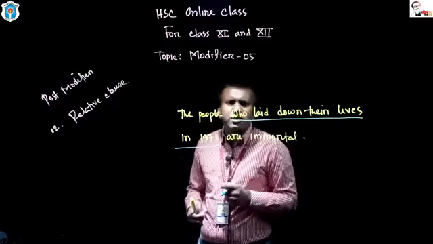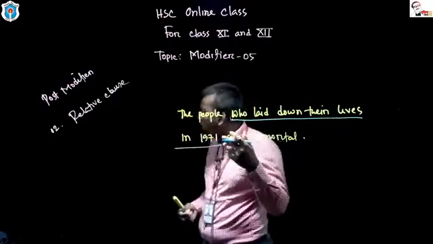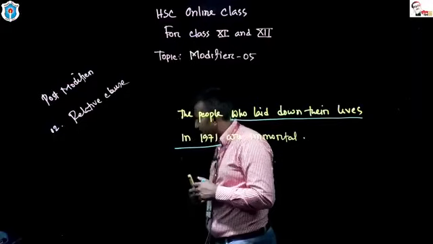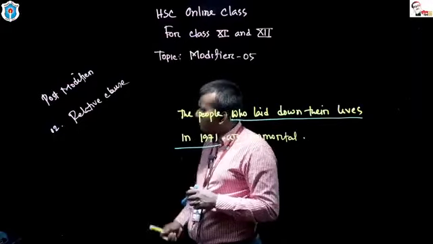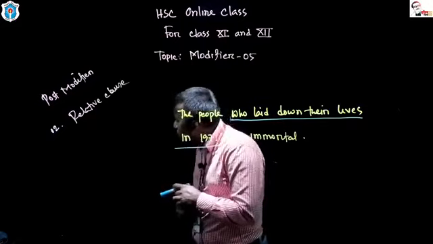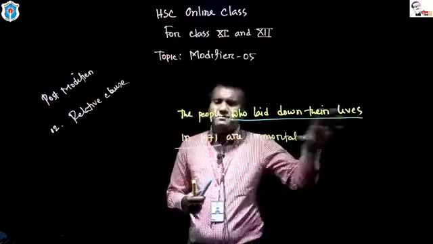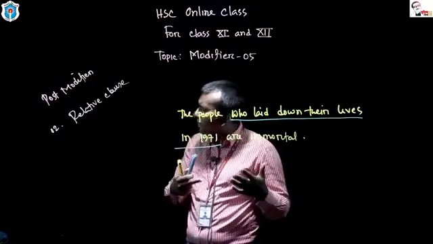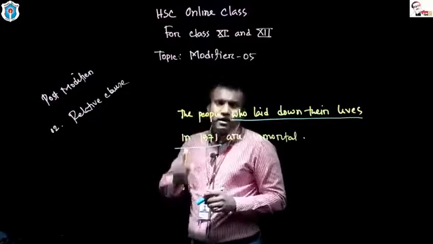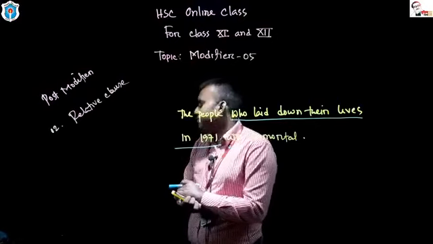Who laid down their lives in 1971? This is the subordinate clause. And what is the conjunction? The conjunction is who. I think here who is a relative pronoun.